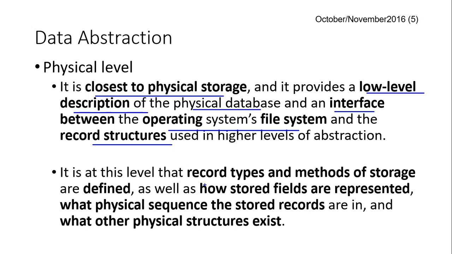At this level, we are interested in what the record types are, what methods can be used to store and retrieve the data, how the stored records are represented within the physical structure, whether it is sequentially stored or randomly stored, and what physical structures exist within the system. That is all decided at the physical level.